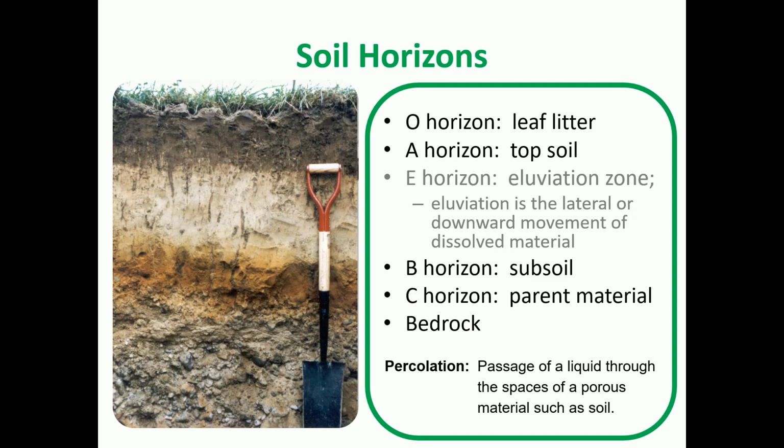You allow hot water to drip through the coffee grounds, which is a broken up little bit of particles of dark material, kind of like soil, and the water drips through the spaces in between those coffee grounds and eventually ends up in that coffee pot. So just like we have a coffee percolator, percolation is the passage of the liquid between the porous spaces of the soil particles, the sand, the silt, and the clay, and all of that. So that's percolation. The next bit of vocabulary is on the following slide.